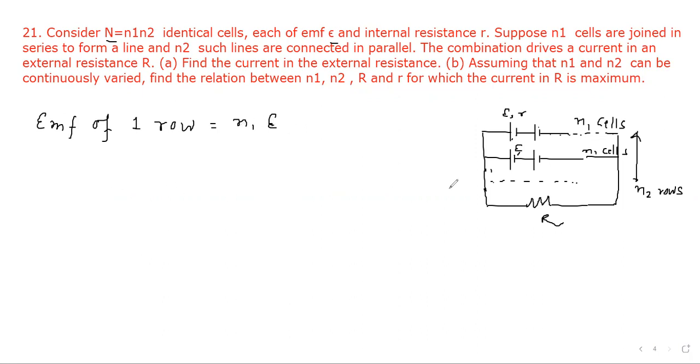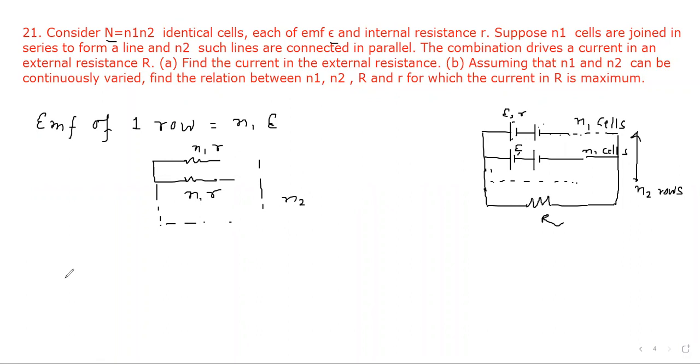Now we have to find out the total resistance. Of one row, the internal resistance will be r N1 times, so this will become N1r, then again N1r. Similarly, there are N2 such rows.